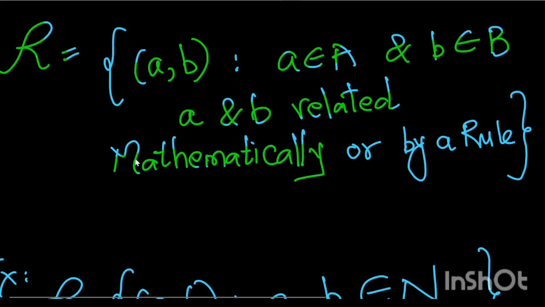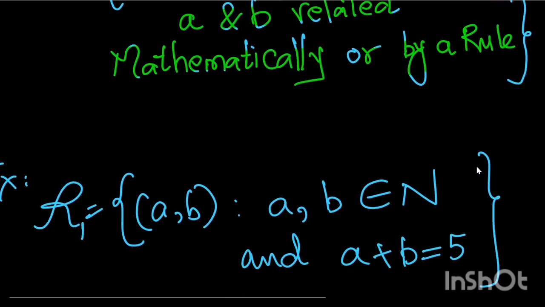That formula, that relation, would be given inside this pair of braces, or a rule. A and B are related by a rule. That rule would be specified verbally.